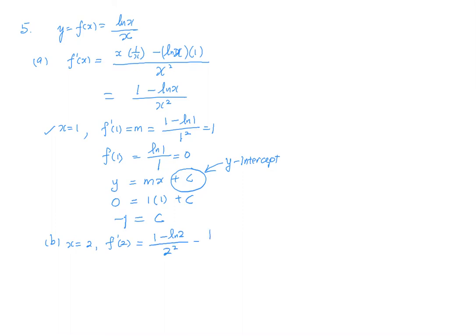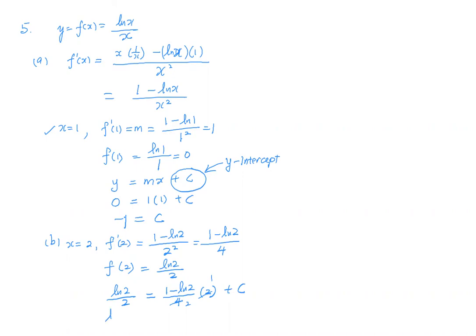So it's 1 minus ln 2 over 4. So f(2) is ln 2 over 2. y equals mx plus c. So patiently do it.